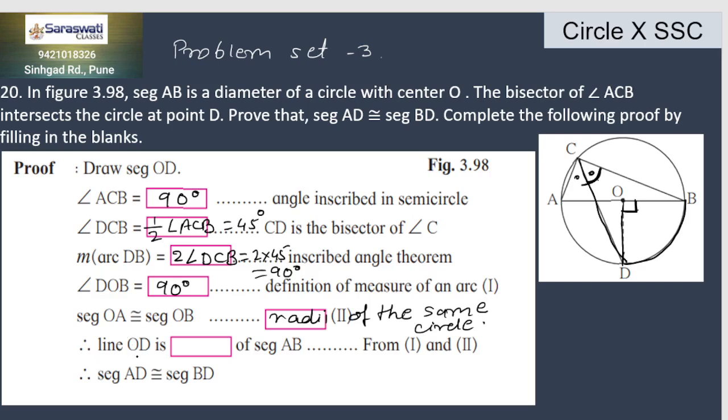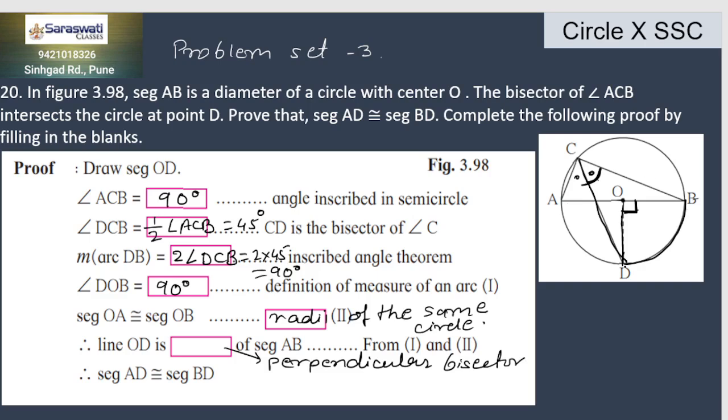And therefore line OD is perpendicular bisector. This is perpendicular, and as OA is equal to OB, it is bisector. So in this box write perpendicular bisector of segment AB, and as OD is perpendicular bisector of AB, we know the perpendicular bisector theorem that each and every point on the perpendicular bisector is equidistant from the endpoints of the given segment.